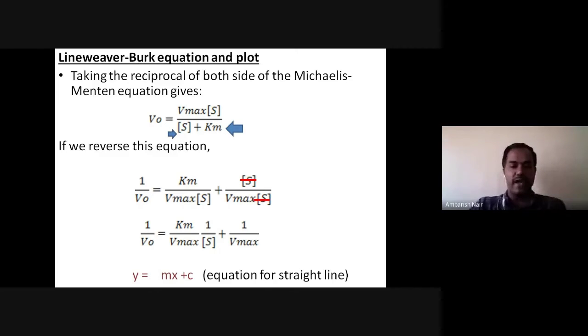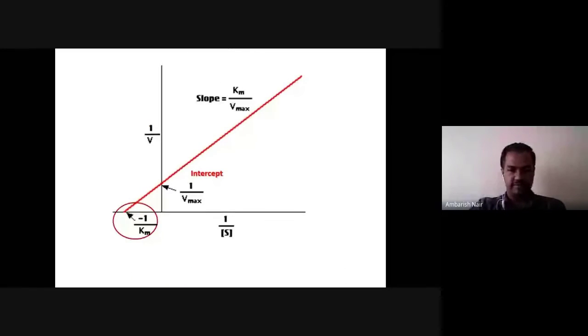Here the y-axis is 1 by V naught and the x-axis is 1 by S or 1 by S naught. If you plot 1 by V naught versus 1 by S naught, you will get a straight line like this, which I mentioned in red.